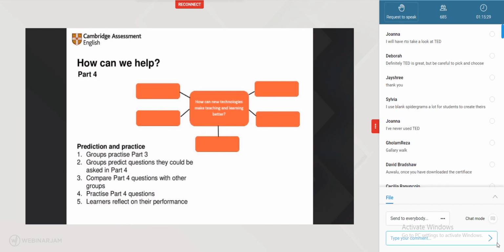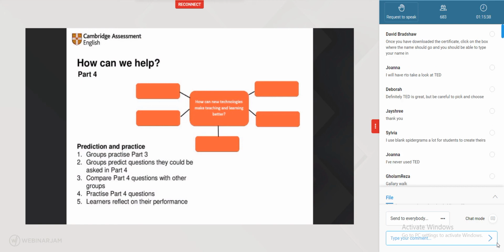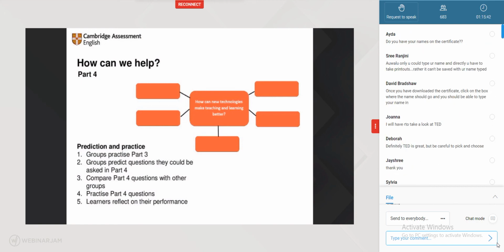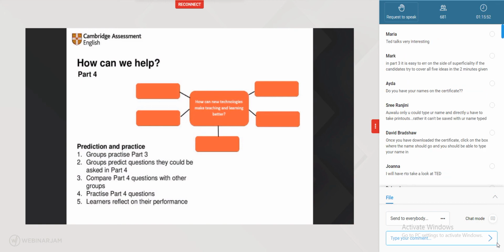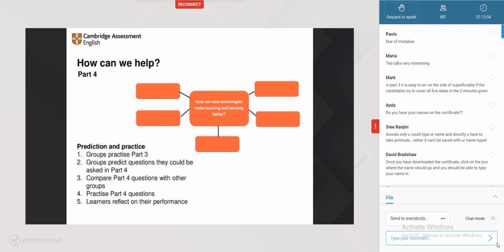And thereafter, they practice part 3. And then once they've done that, they need to think about possible questions that they could get in part 4. So then they can compare the different questions they came up with and practice part 4 questions, and then reflect on their performance. If they recorded this, even better, and they can reflect on it using the speaking criteria.